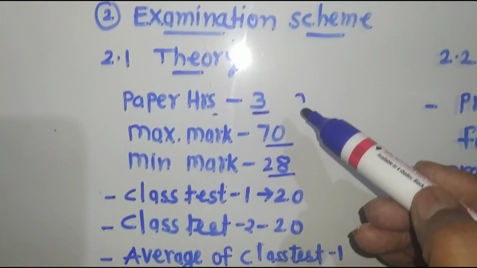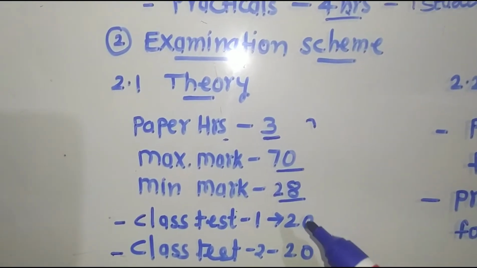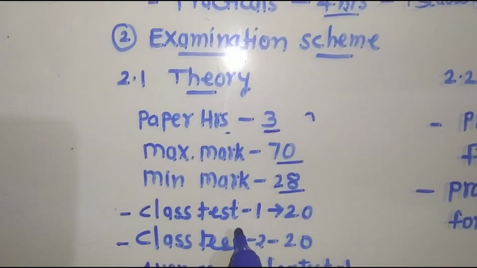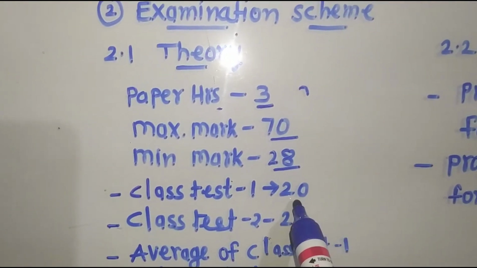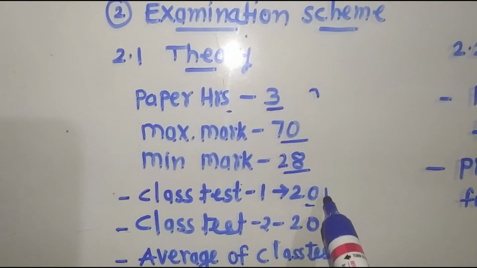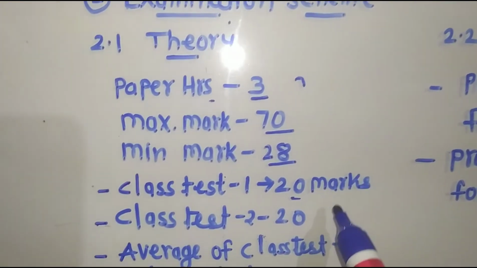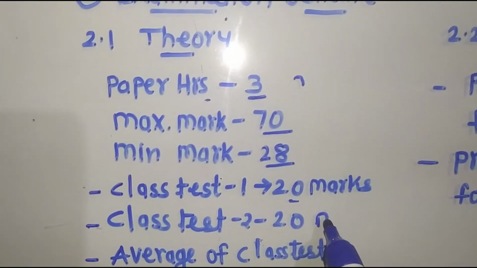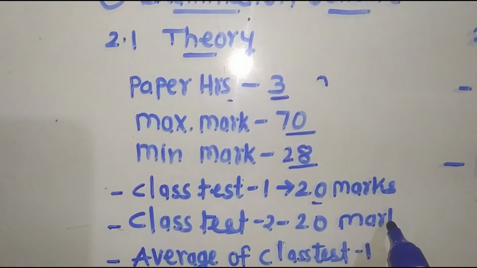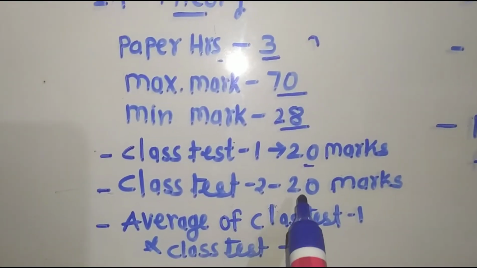Before going to this board examination, we will conduct class test 1 on 50% of the syllabus, of 20 marks. And on the remaining 50% syllabus, we will conduct class test 2, also 20 marks. Now, we have to take the average.